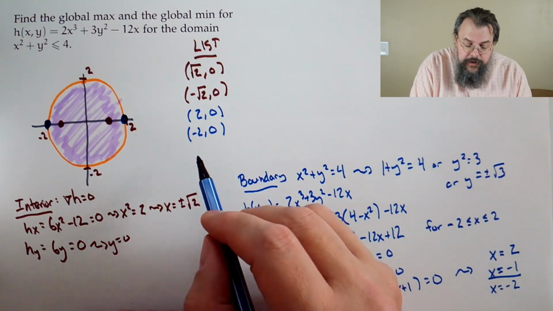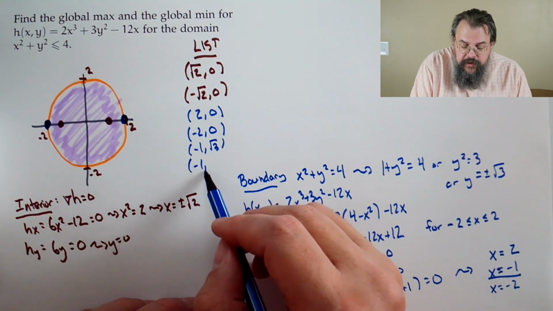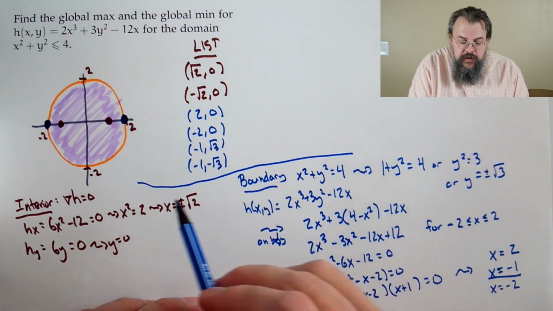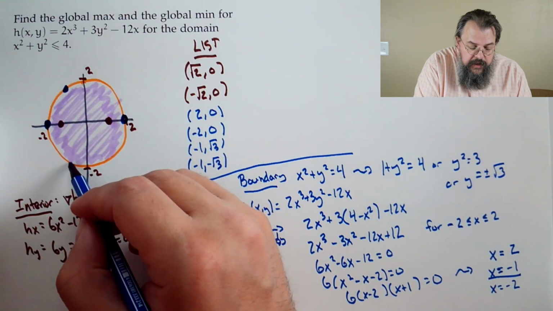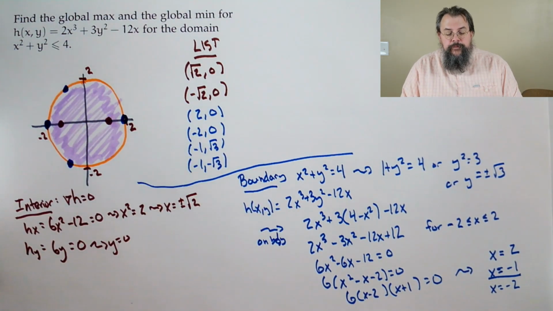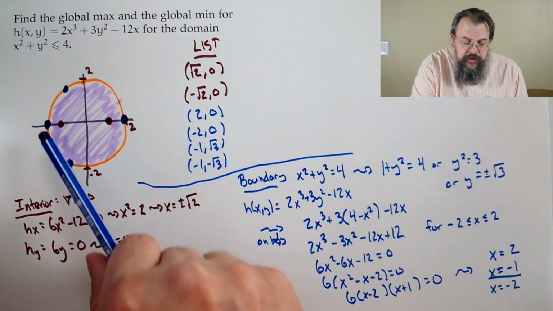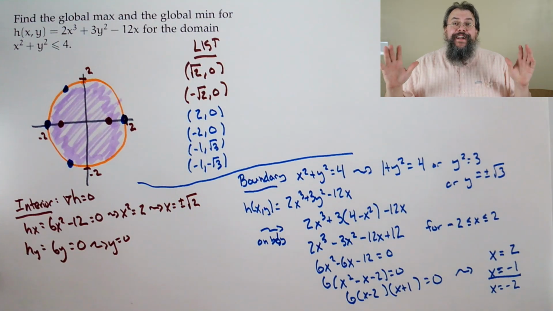So we get a few more points: -1, √3 and -1, minus √3. So that would be here and there. All right, so there we go. We are ending up with 6 points to test, and once we plug those points in, we can find our answer. We've made our list.